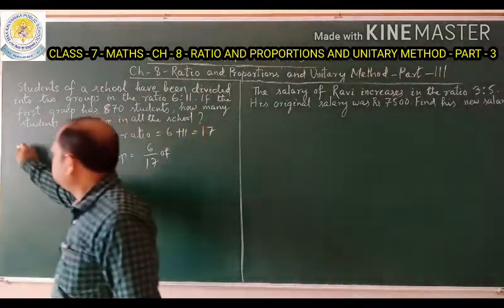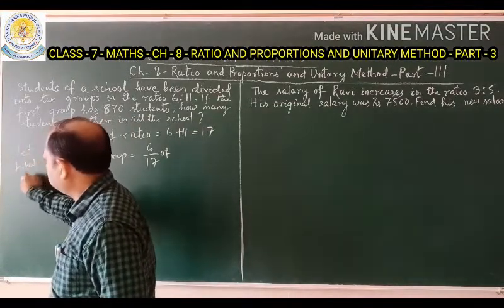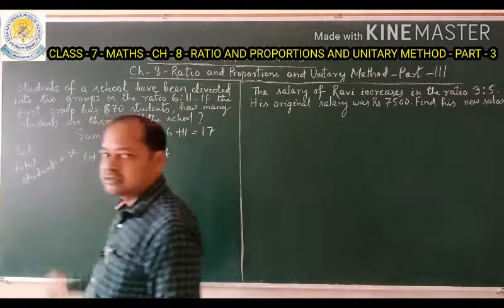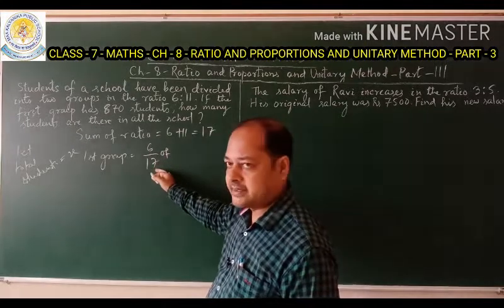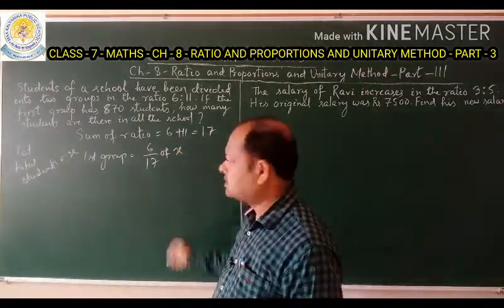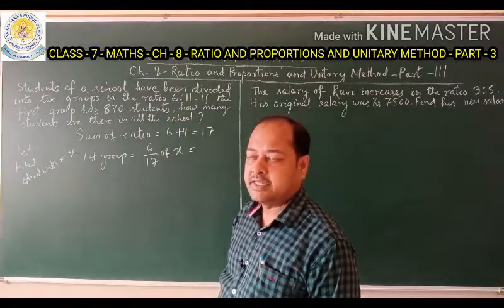Let the total students equal x number. If the total is x, then 6 by 17 of the total is how much? According to the question it is 870.